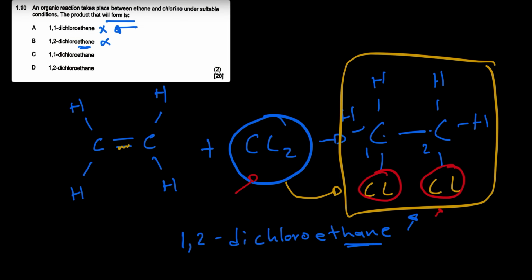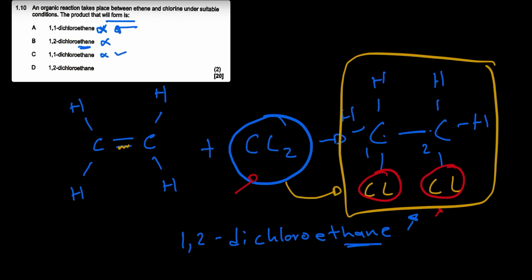So if we look at C now, they say we have 1,1-dichloroethane. Okay, so what I meant is actually C is incorrect, but it might be correct in other suitable conditions. So the first one here is totally incorrect, because we have that ethene there. How can we have the chlorines and then we still have the double bond there? That does not happen.